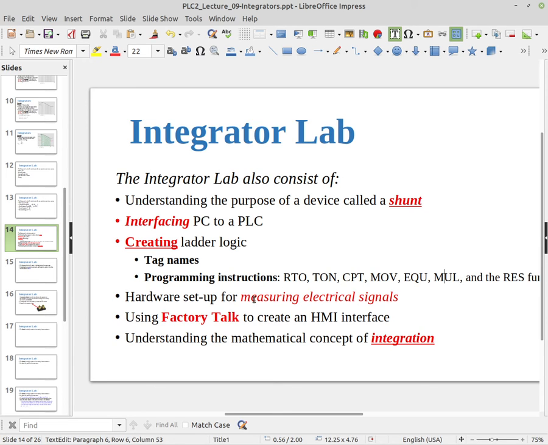Alright, so we need to measure electrical signals. To calculate power, we need to be able to measure current and voltage.